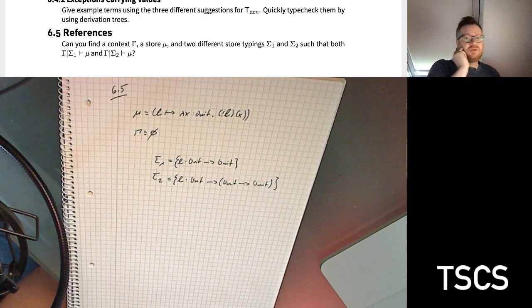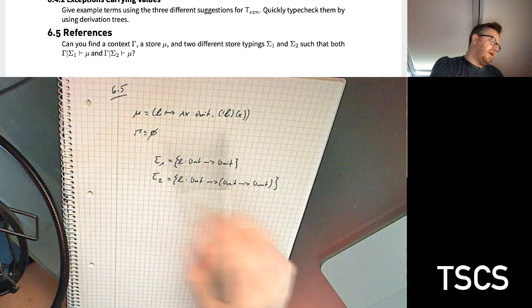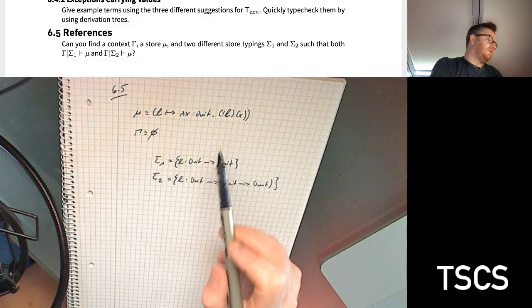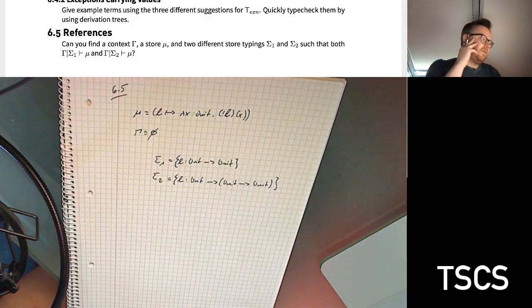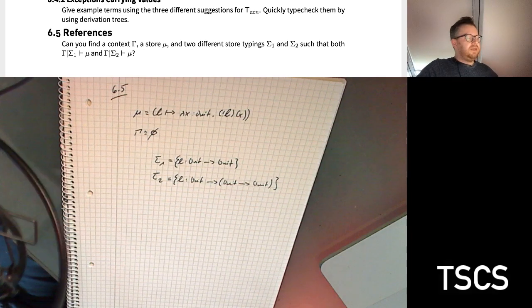This is also a proper store typing for that store. I bet there are a few more solutions than this, but the trick usually is to find something that dereferences itself. You could, of course, have more complex things that dereference other things and so on. This would also probably work. Good. Are there any questions anymore for exercise number 6?